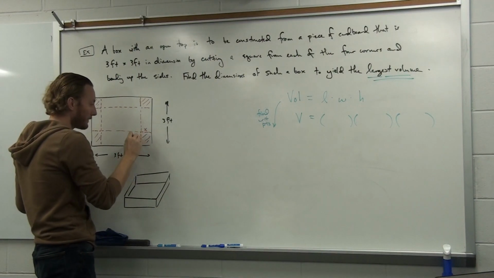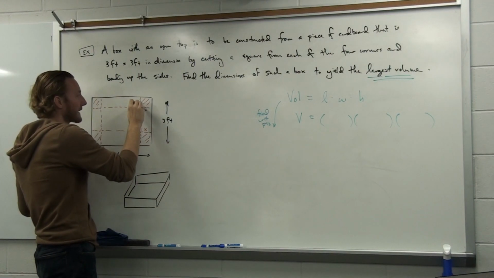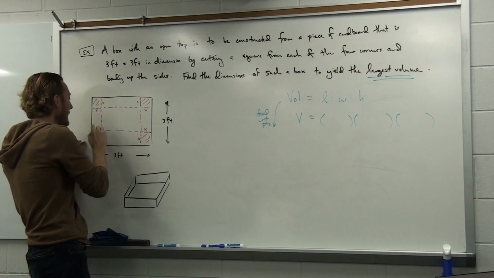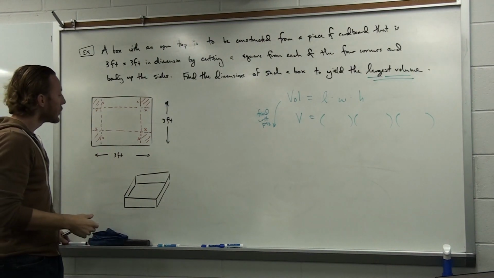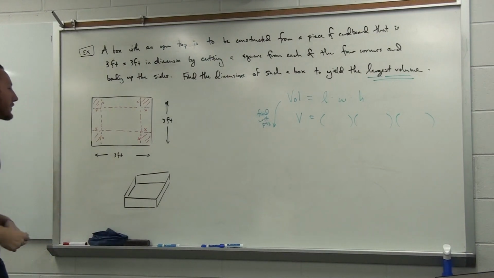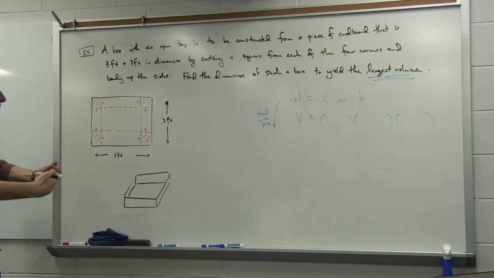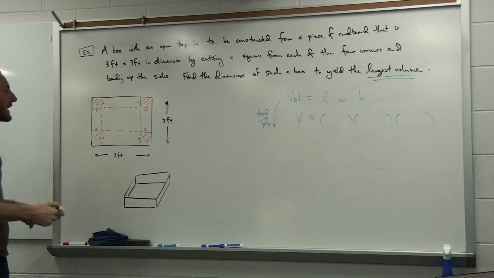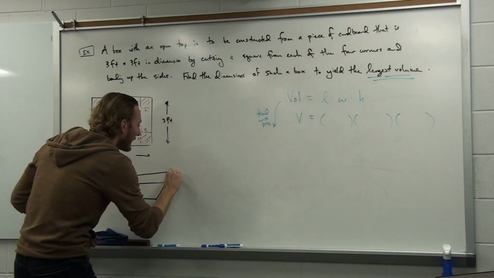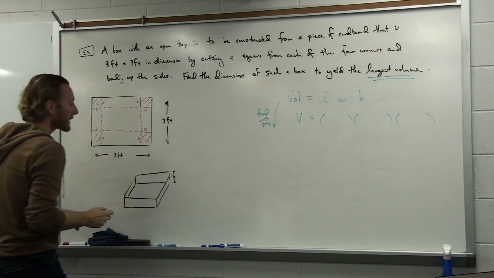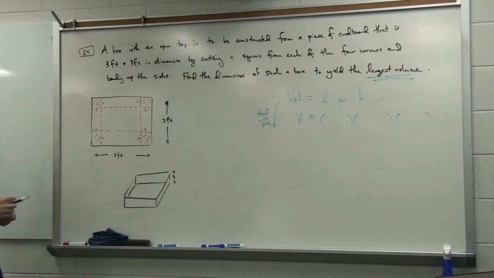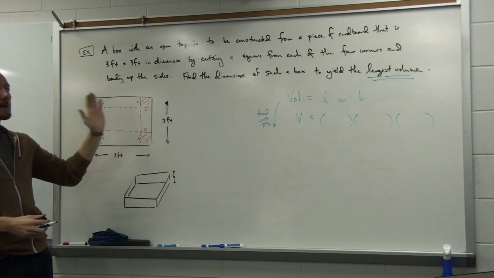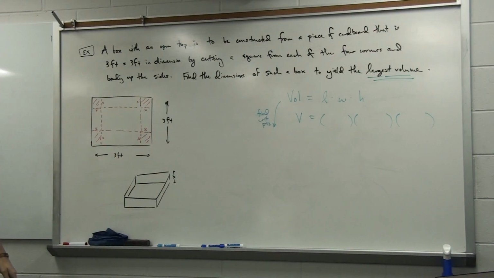Let's call their measure x. Because my claim is that once you call that x, you can actually nail down every dimension on your box. Because you see x, whenever you fold, is precisely now the height of your box. Your box is going to be as tall as your square cut was wide, because the width of that square cut is going to be folded up, and that's precisely your height.